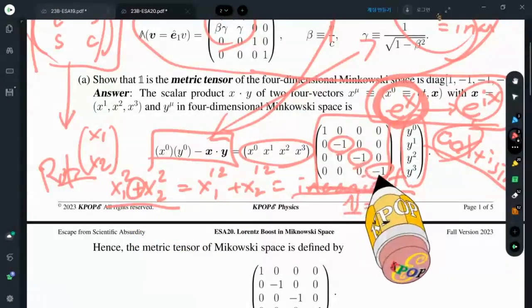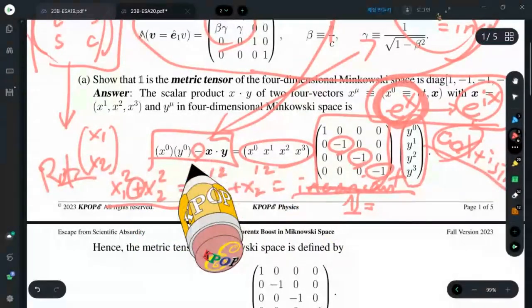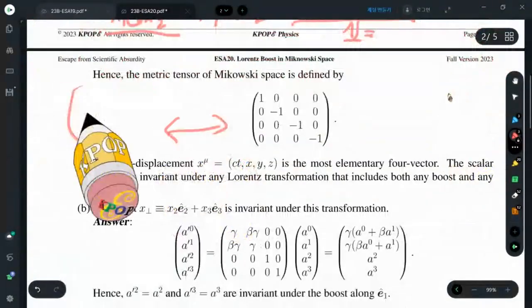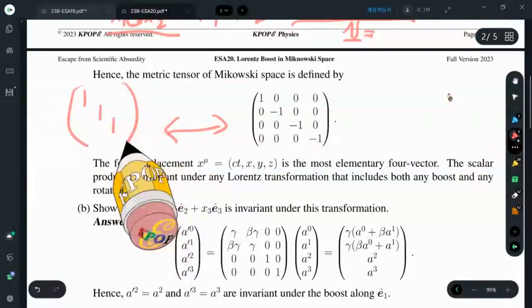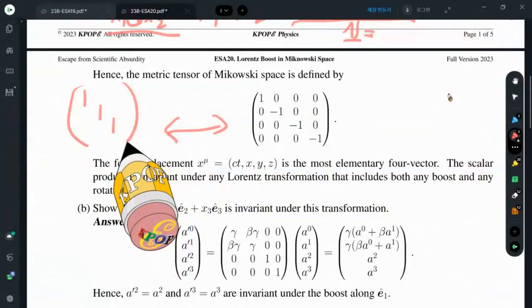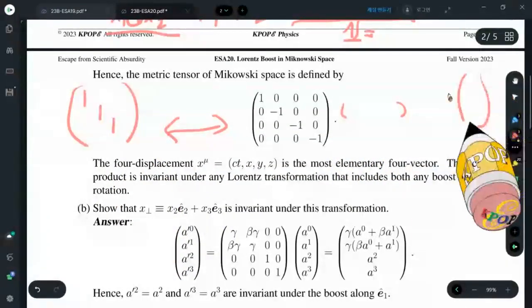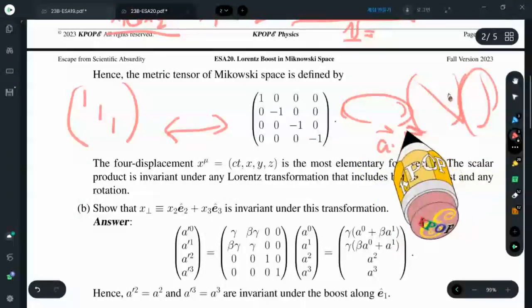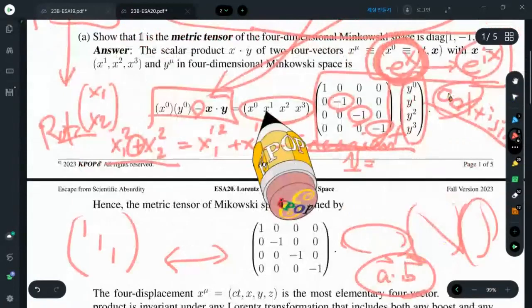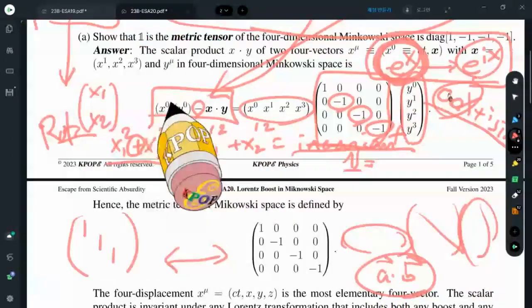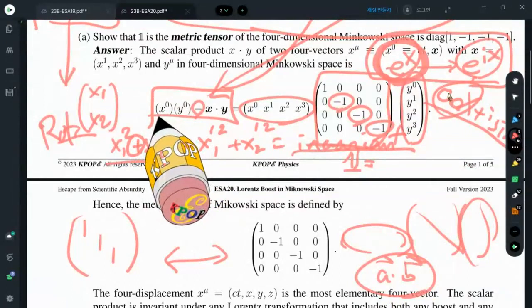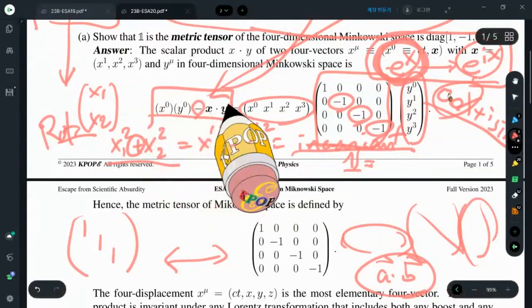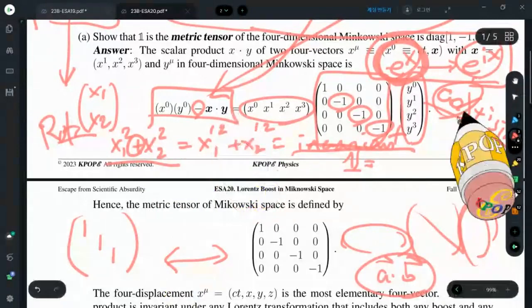We insert negative sign on the spatial part. So this is different. 1, 1, 1 for the three-dimensional Euclidean space is inserted between two vectors to define the A dot B. But in here, in Minkowski space, zeroth component represents the speed of light multiplied by time, subtracted by spatial vector square.